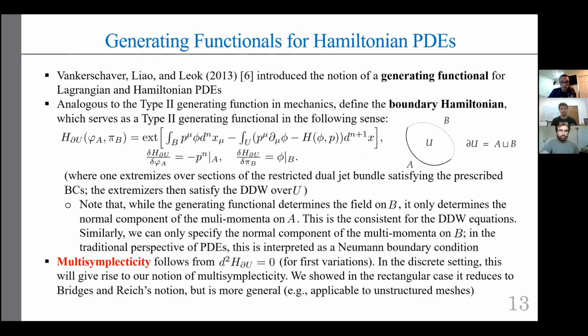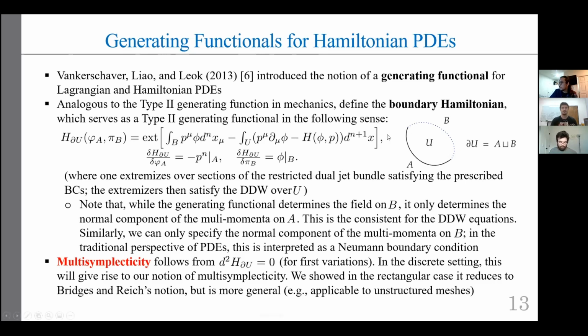Okay, so this is the last background slide. In 2013, my advisor and some of his colleagues introduced the notion of a generating functional for both Lagrangian and Hamiltonian PDEs. It's essentially a direct generalization of the type 2 generating function in mechanics.